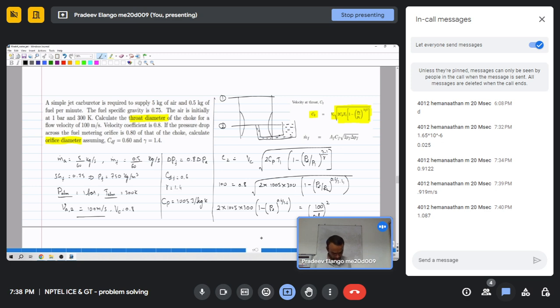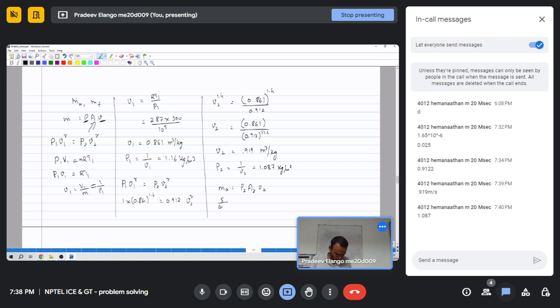And rho 2 is what we just calculated, 1.087, into area 2, which is pi by 4 into d2 squared, the diameter of the throat, into velocity which is 100. Now d2 can be calculated. So that is 5 by 60 into 4 into 1 by 100 into 1.087, whole root.